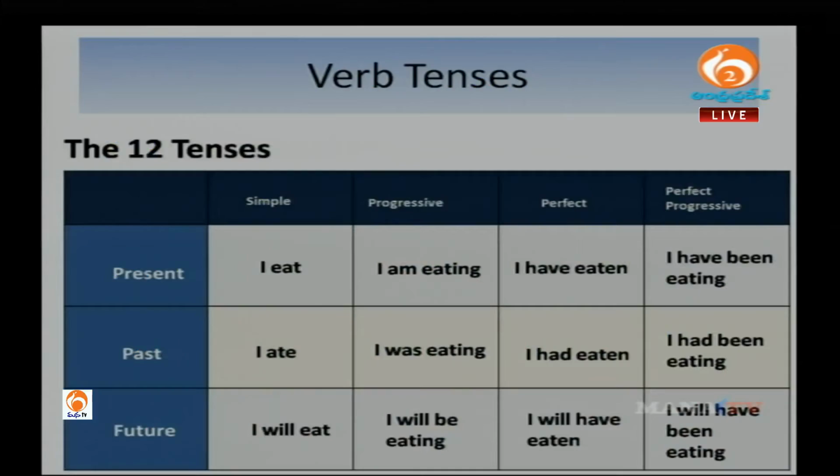I have been eating, right? If I say I have eaten, it means to say I've completed the action, right? And you're clear and certain that the action is complete. But perfect continuous would be said as I have been eating, meaning to say I have been doing something and it is happening right now, right?